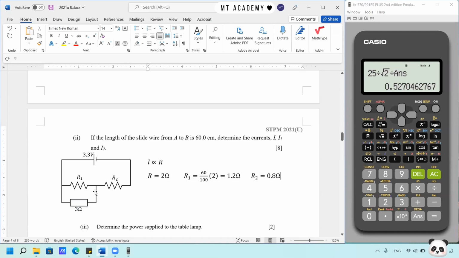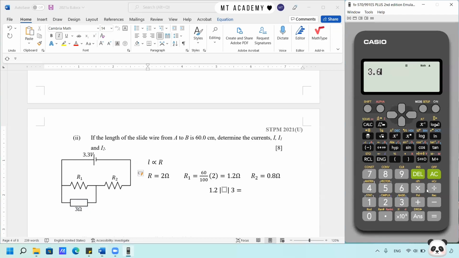So this is how we do the logical thinking to solve this question. First, let us get the equivalent resistance of R1 in parallel with 3 ohm. So R1, which is 1.2 ohm, in parallel with 3 ohm. That is 1.2 times 3, which is 3.6, divided by 4.2.